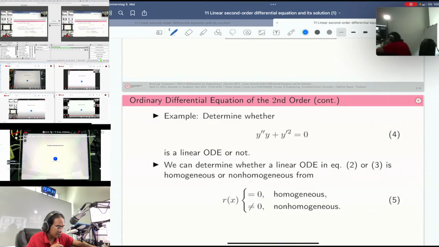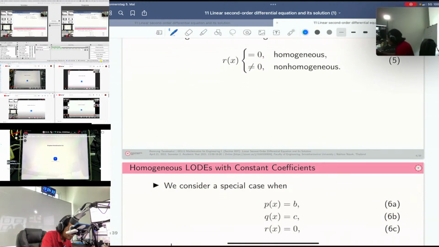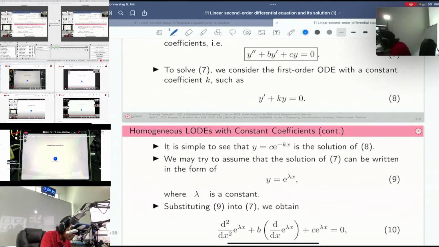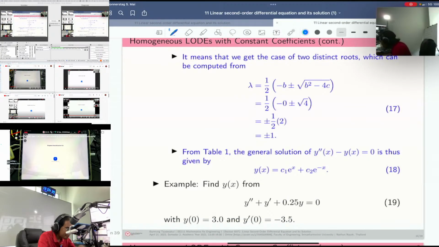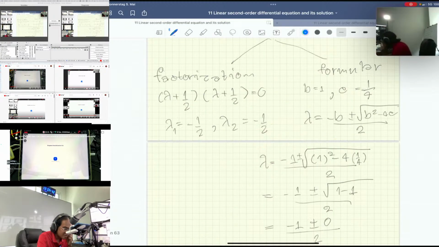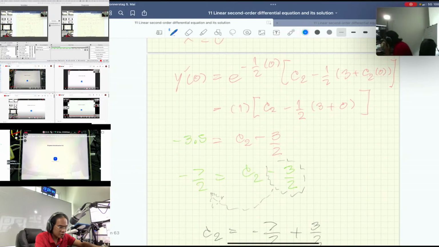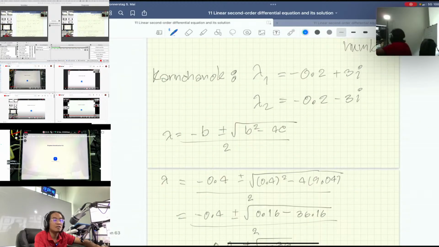It's okay to have, but not necessary. We arrive at the method, the non-homogeneous section, right?